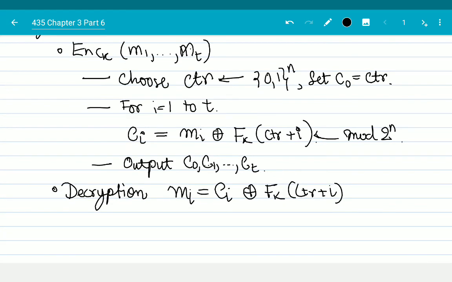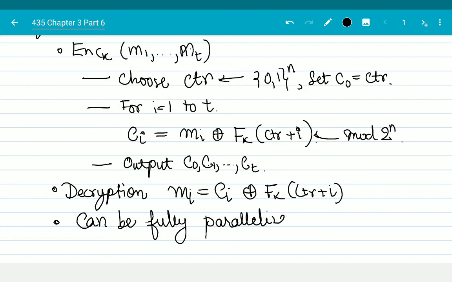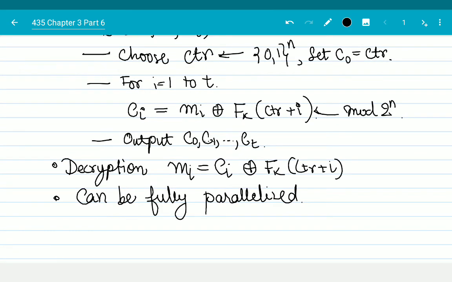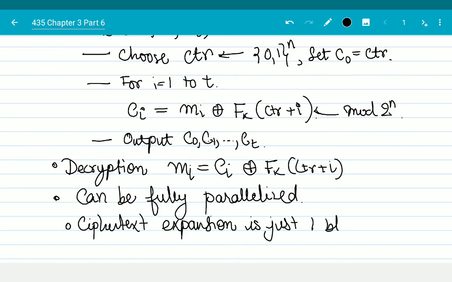Okay, can be fully parallelized. And once again, the ciphertext expansion is just one block.